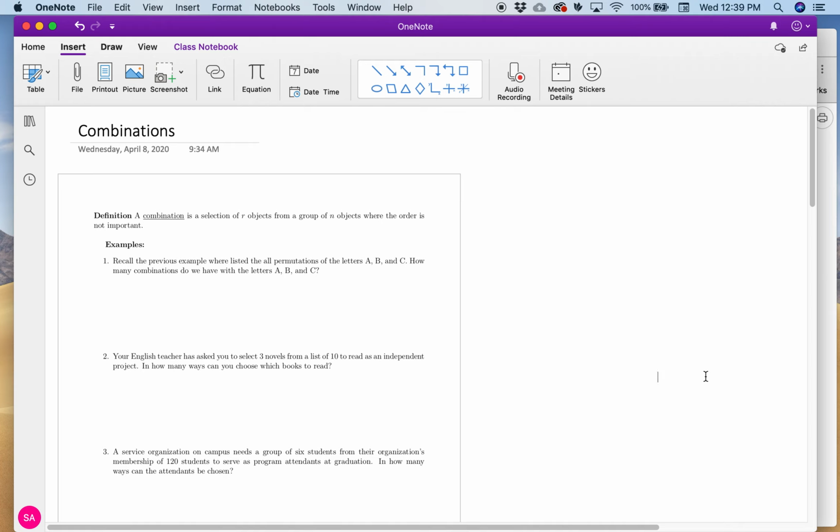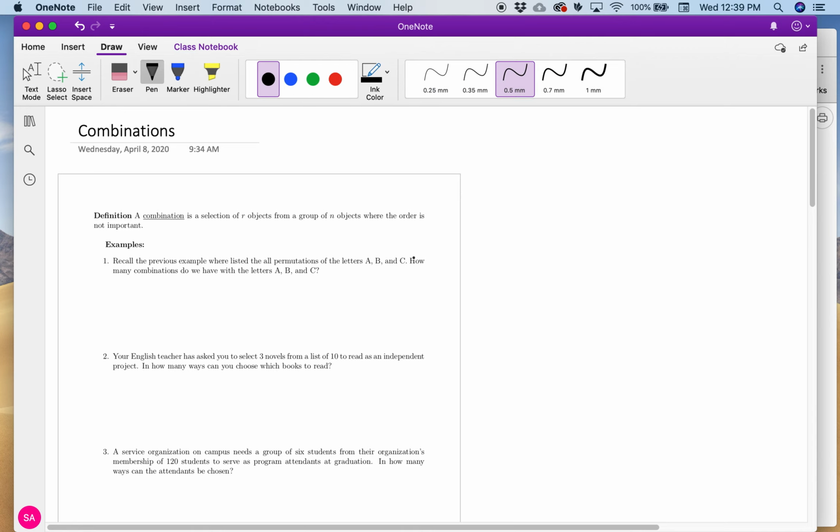For example, in the last video we did permutations of the letters ABC, and we found that there were 6 permutations of the letters ABC. Well, how many combinations do we have of those letters?